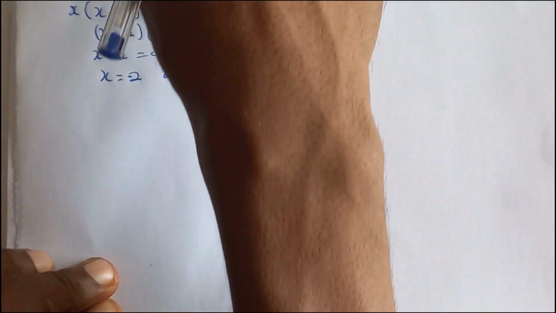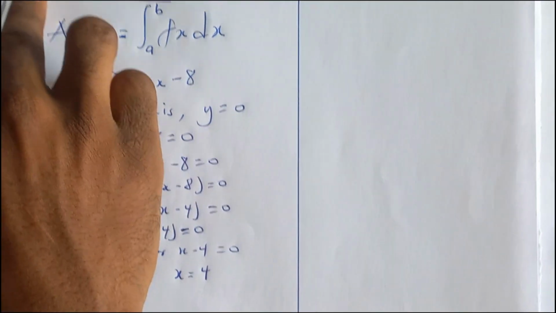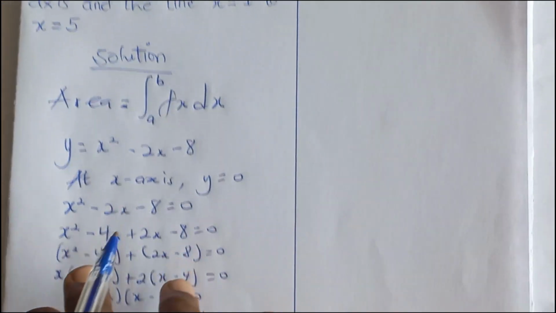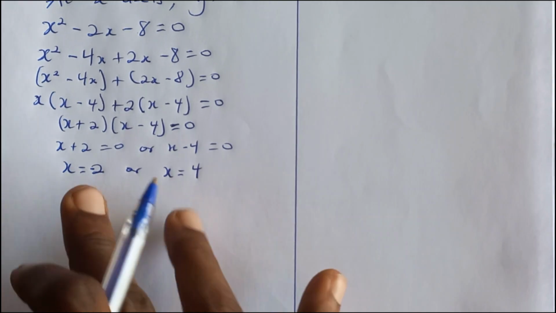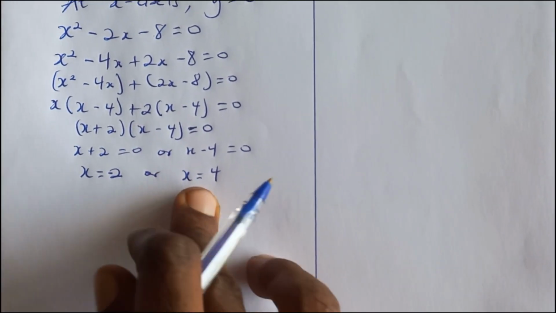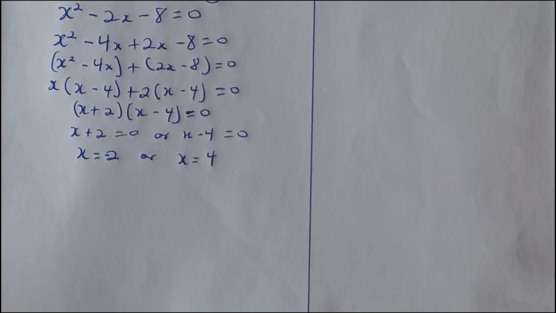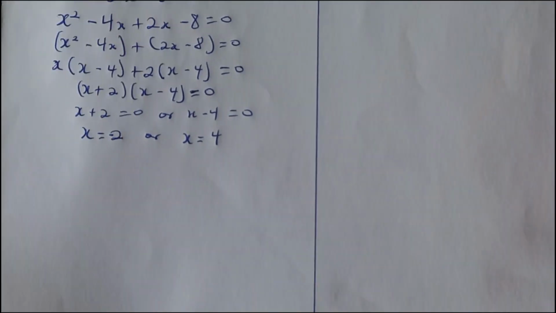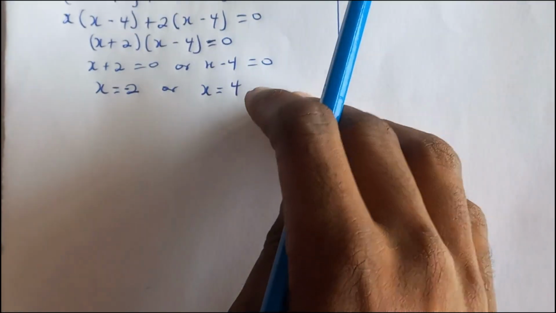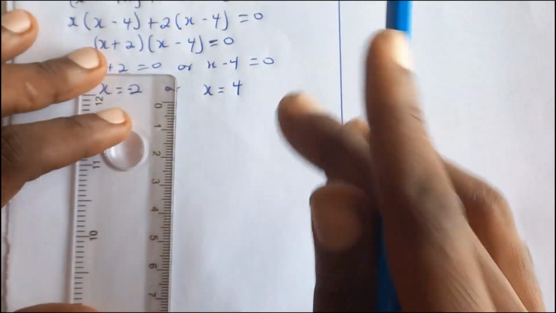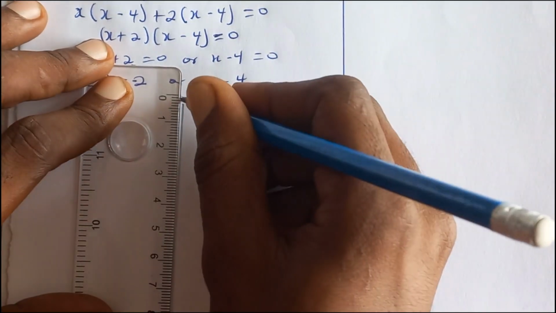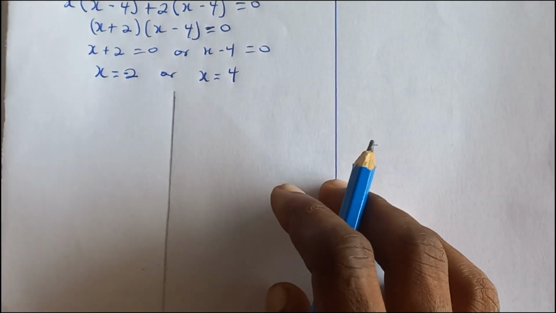Already we are given x is equal to 1 and x is equal to 5 in the question, and after solving the quadratic equation, we also had x is equal to negative 2 and x is equal to 4. So let's take our pencils and rulers to graph this. You should just sketch.